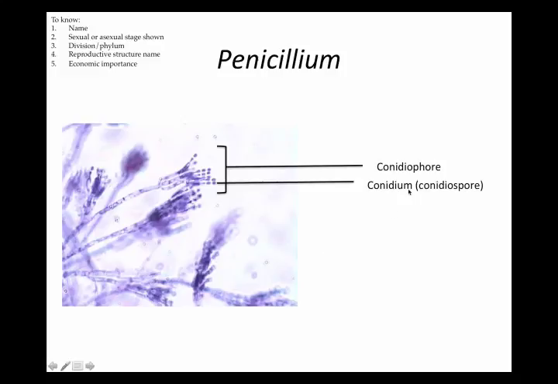And the conidium is singular, conidia is plural, and conidiospore is another word for it. Those are the little round spores in the conidiophore. So the conidiophore is forming these conidia, or conidiospores, which will then fall off and potentially make new fungi. So this is the asexual stage, the spores, which means that every spore is genetically identical.